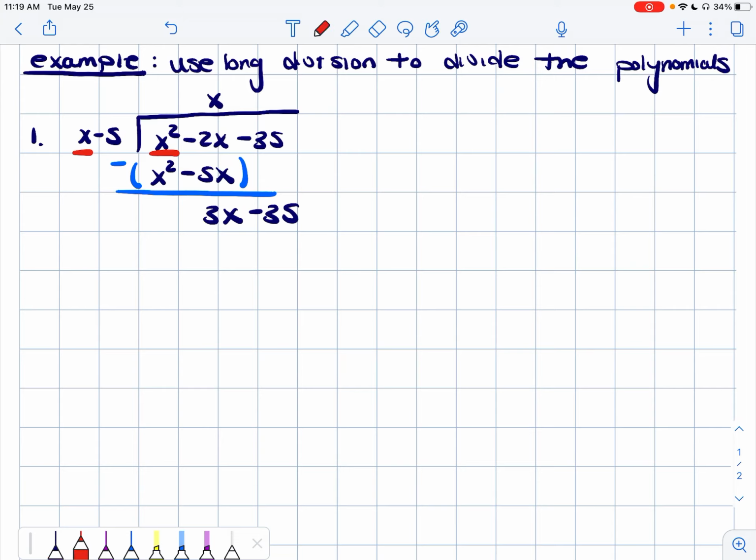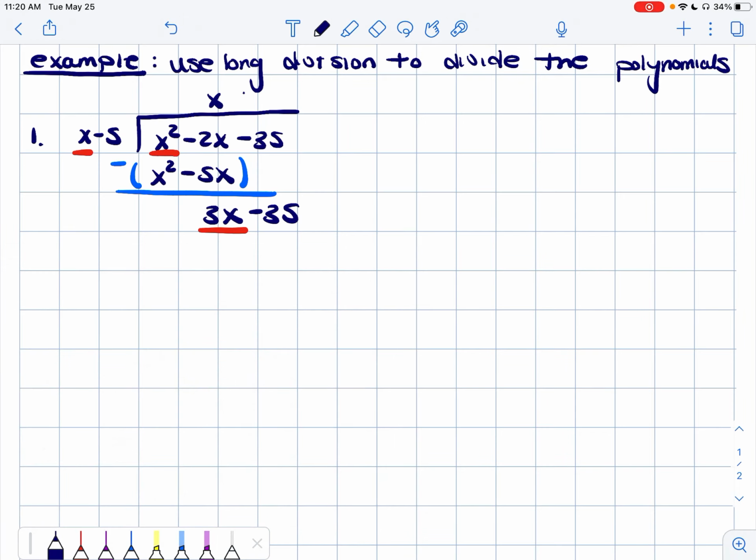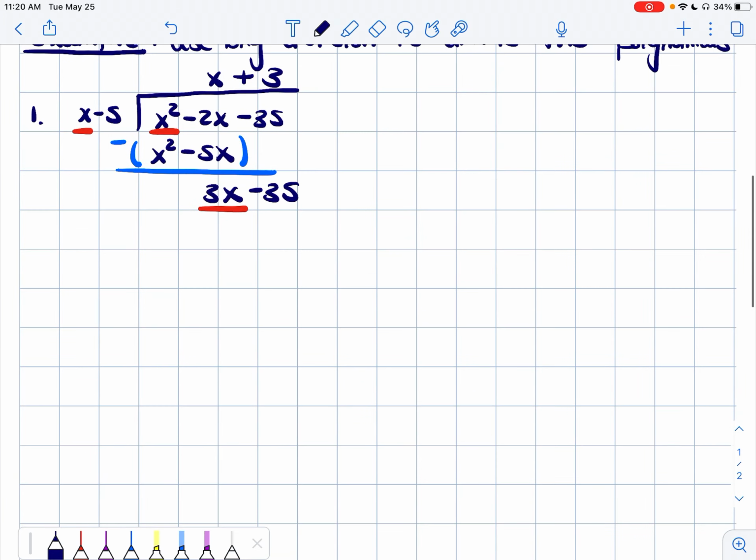All right, and then we do it again. So look at the first term, and we ask ourselves, what do we need to multiply an x by to get a 3x? The answer is 3. So we'll have a plus 3 in our quotient. And then multiply the 3 by the entire divisor, and that would give us 3x minus 15.